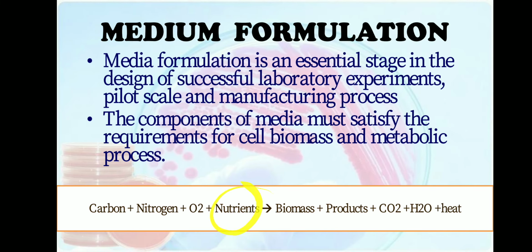Along with it, other nutrients like vitamins, minerals, and growth factors are also required. When we add all this into the fermentation media, the media will give us a good biomass and a high yield of product will be produced. Along with it, in some fermentation processes, carbon dioxide, water, and heat will be released.